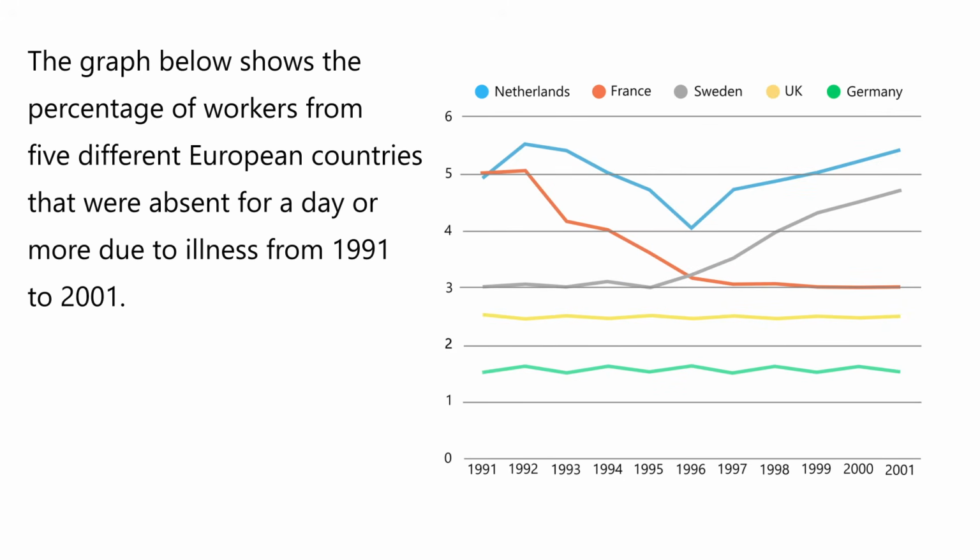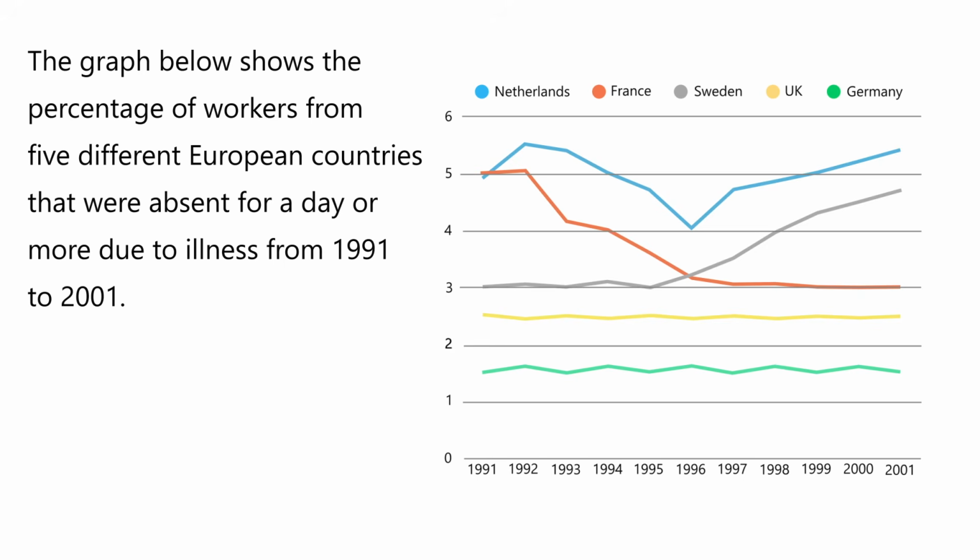First of all, let's take a look at our question and the line graph. So as you can see, this is a kind of line graph in which there are 5 different lines, all right? And each is about a specific country. First of all, let's read the question.